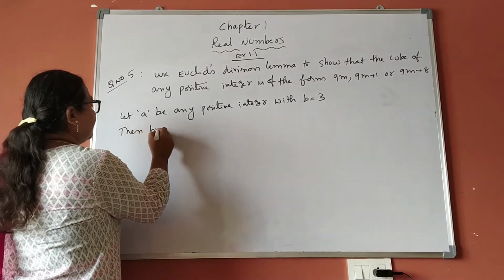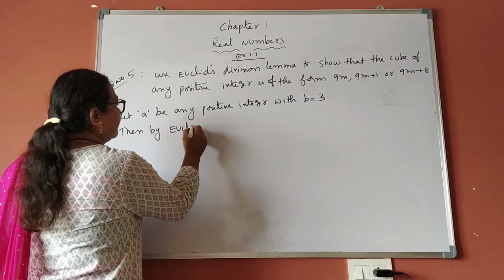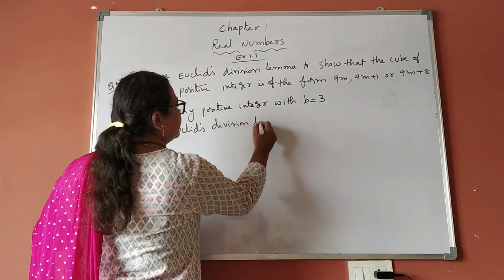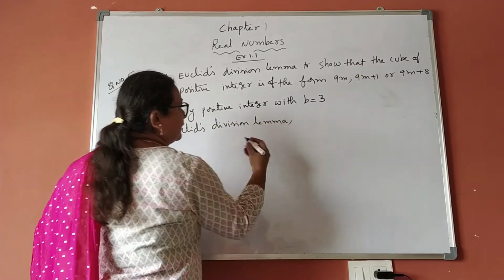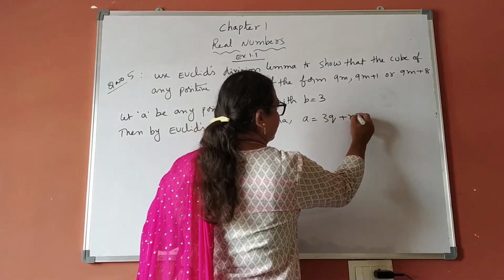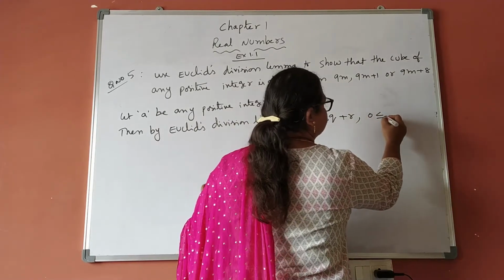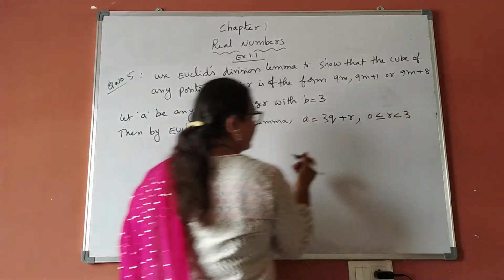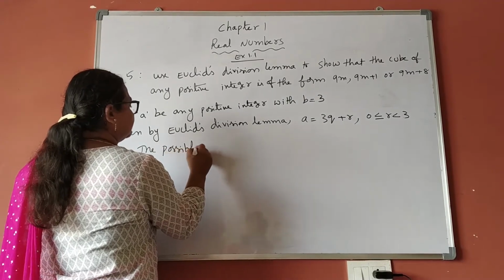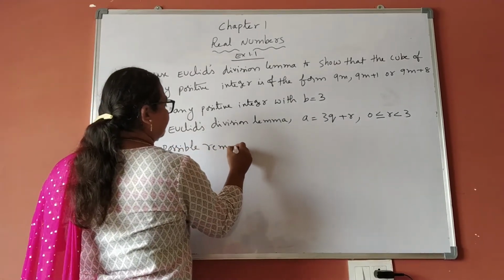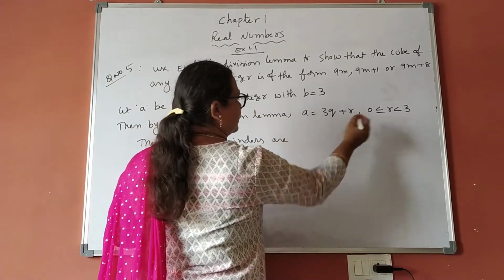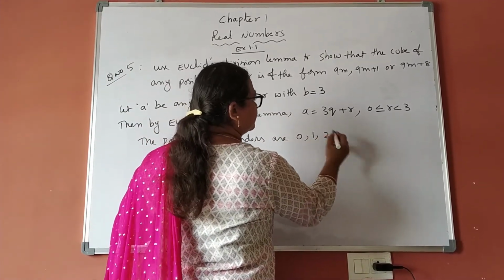Then by Euclid's division lemma, a is equal to bq plus r, means 3q plus r, where 0 less than or equal to r less than 3. The possible remainders are 0, 1, 2.